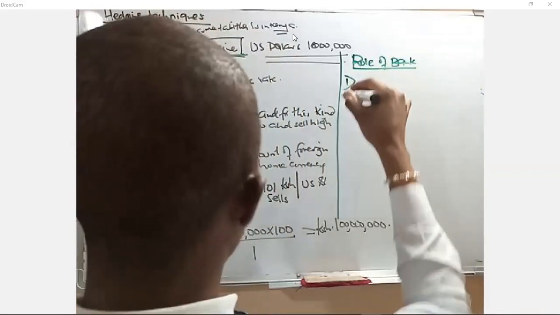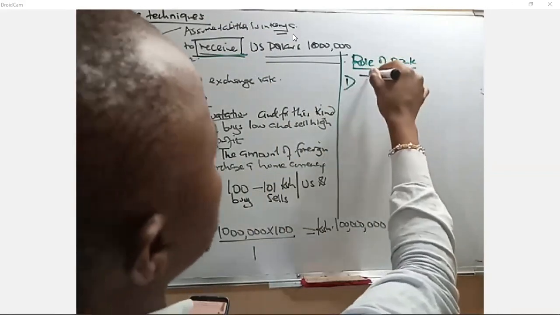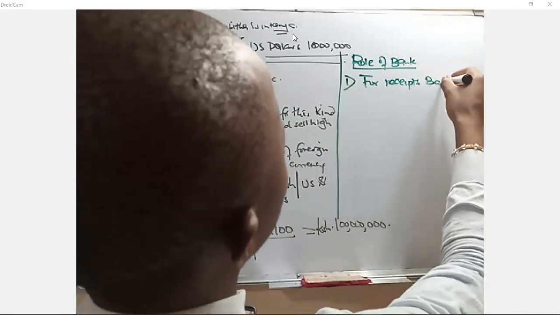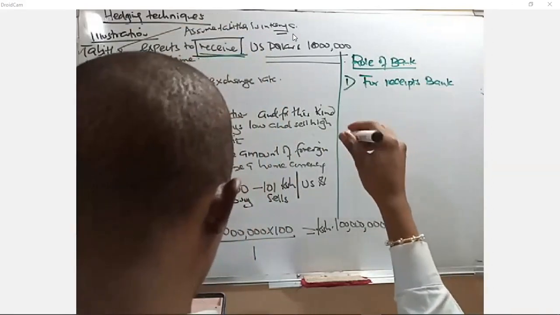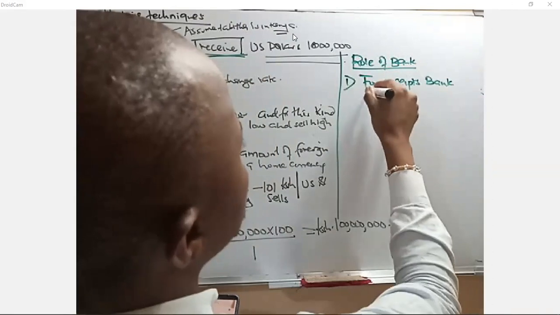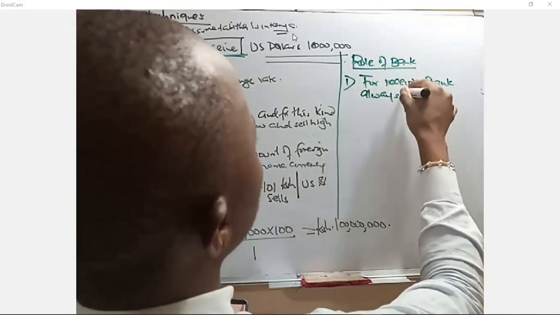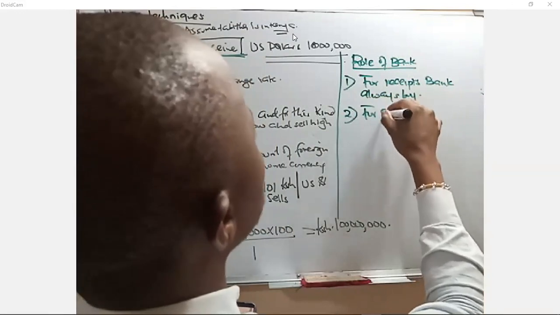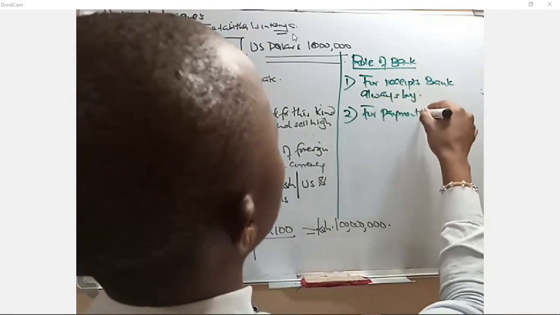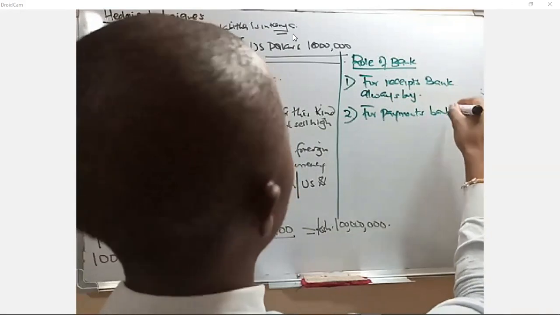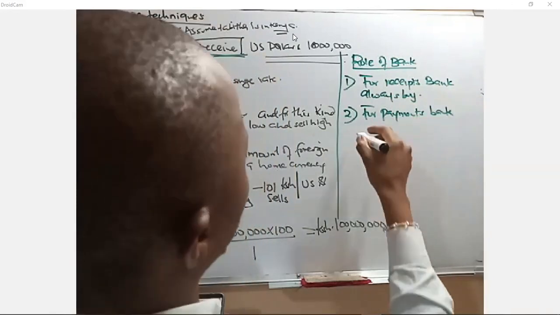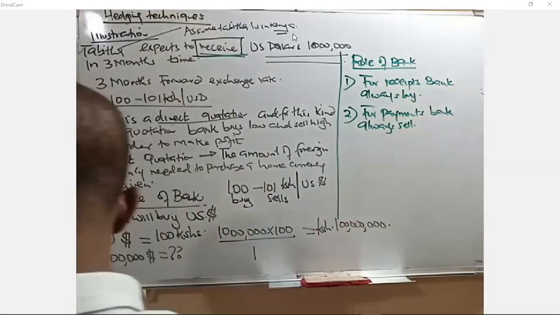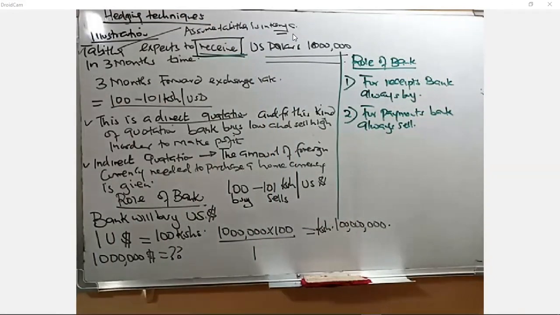Number one, for receipts, the bank will always buy. Number two, for payments, when you're doing any payments, the bank will always sell.